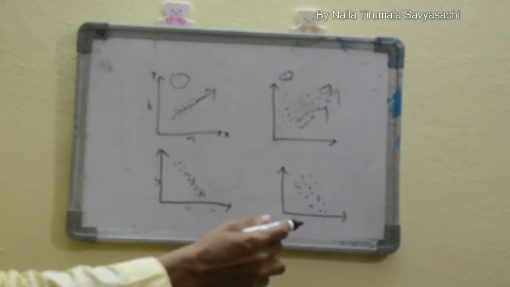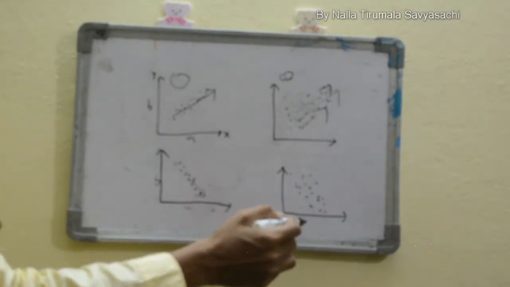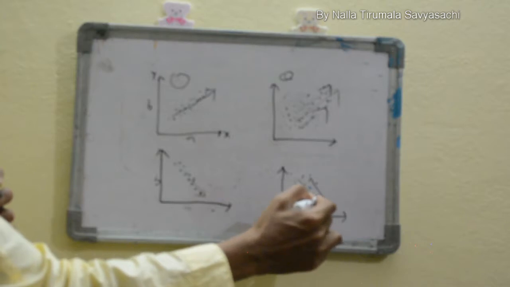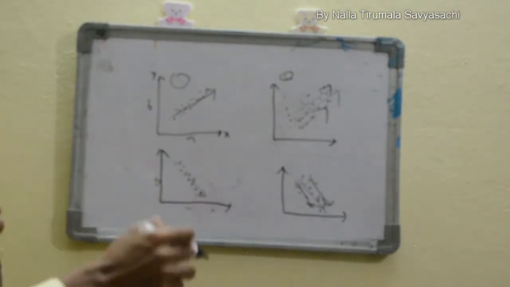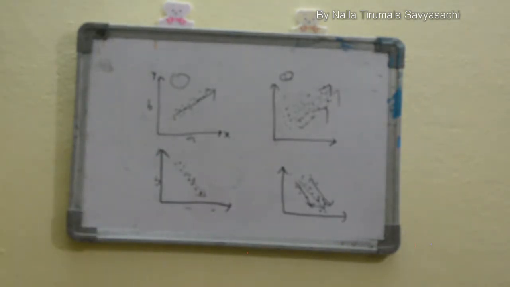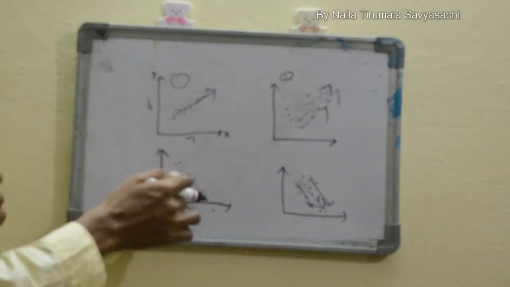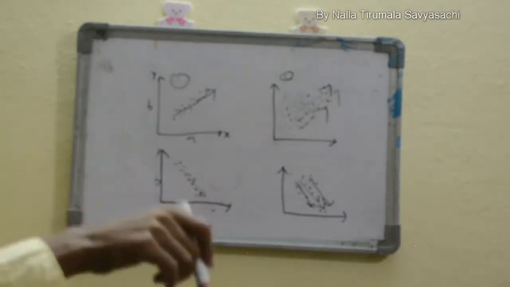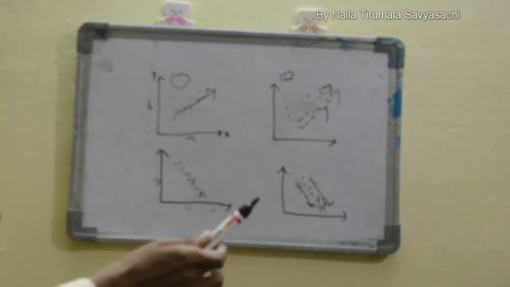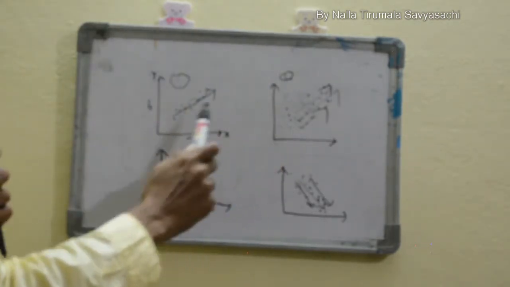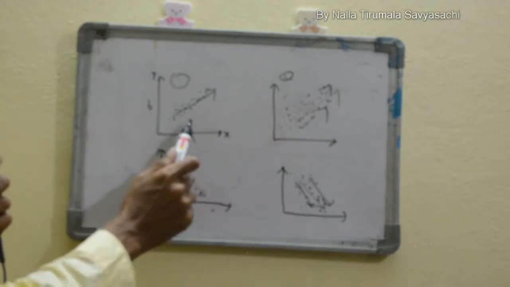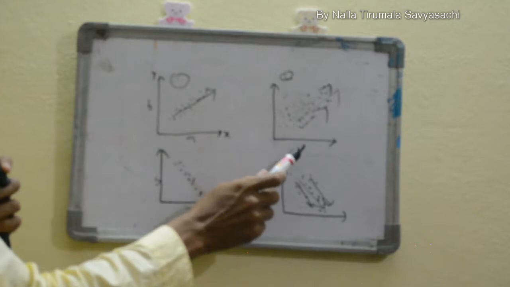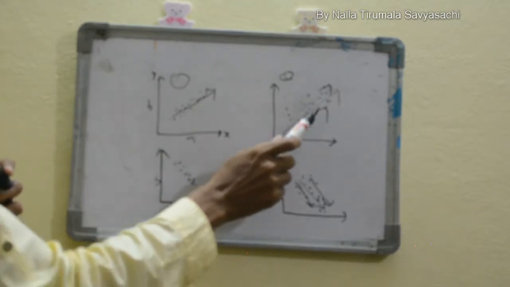If you see here, this is a weak linear relationship with negative slope. We call it negative because when you draw a line and find the equation of these lines, they show downward movement, whereas in the first two cases they are upwards. So here we say this is a strong linear relationship with positive slope. Here a weak linear relationship with positive slope.